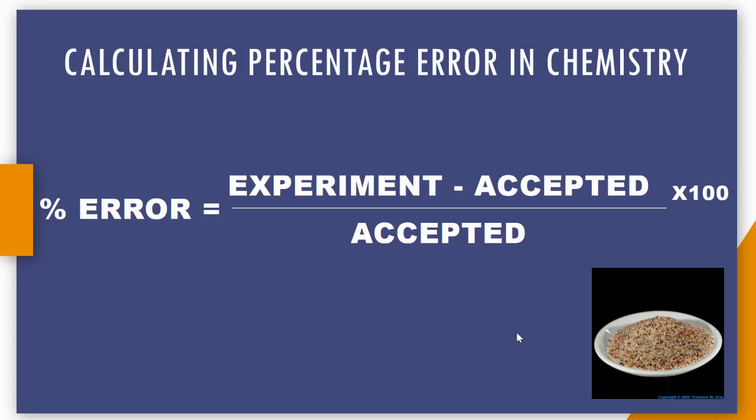When the students separated it out and got 2.5 grams, that would be the experimental value. They could use this percentage error formula that I'm showing you right here to figure out how far off they would be in measuring the salt in the mixture.